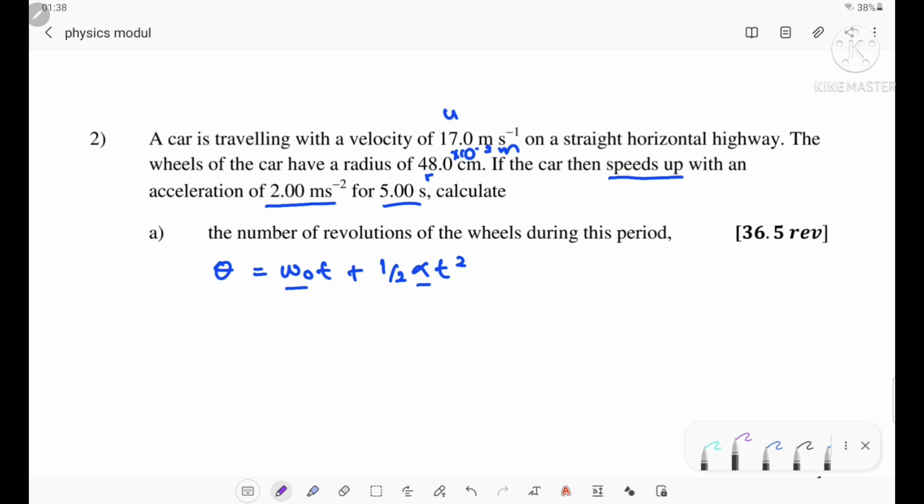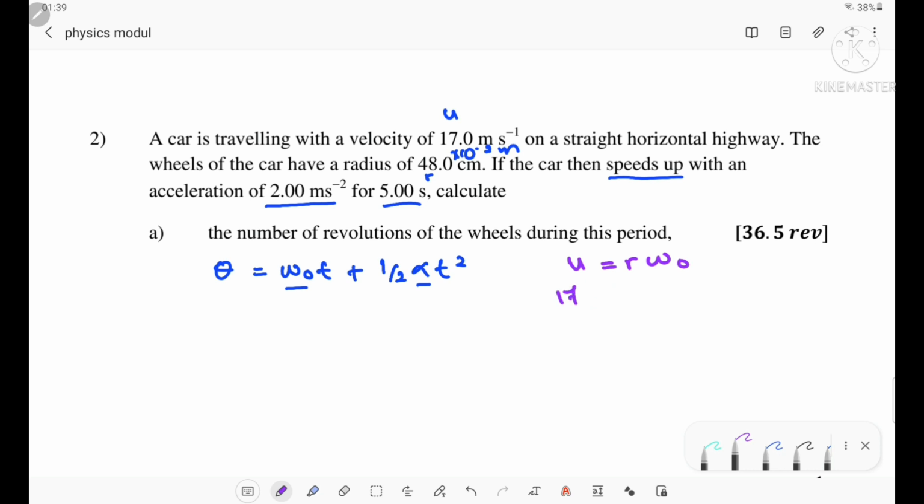We need to refer to the relation between linear kinematics and rotational kinematics. So here we have u is equal to r omega naught. Please recall, this is the relation between linear kinematics and rotational kinematics. From this, you can calculate omega naught.